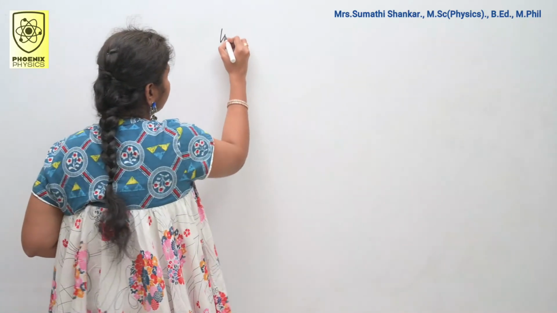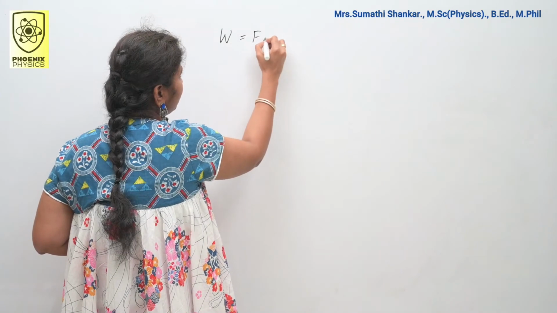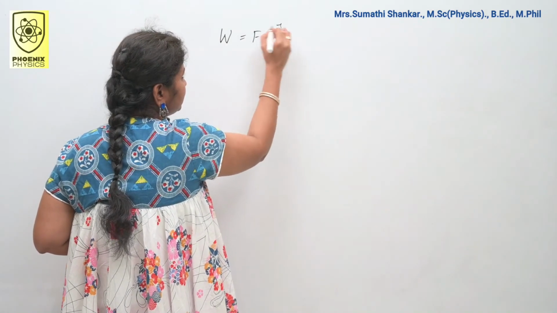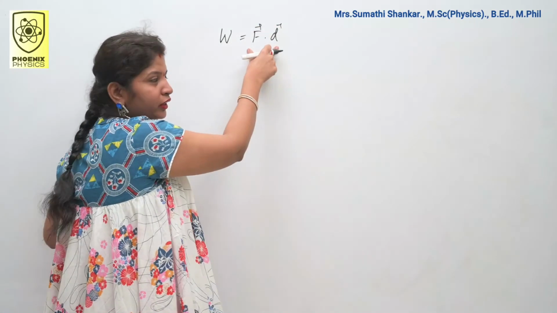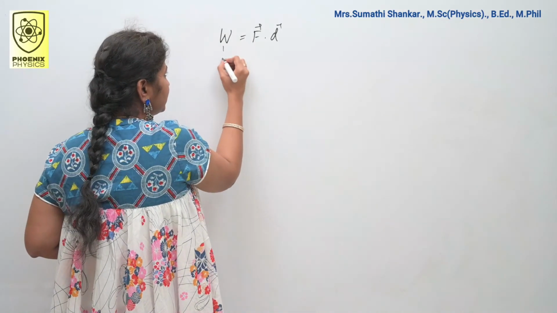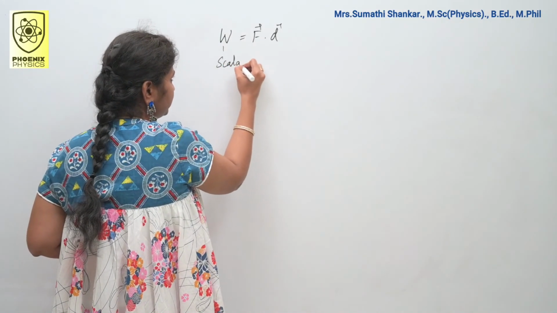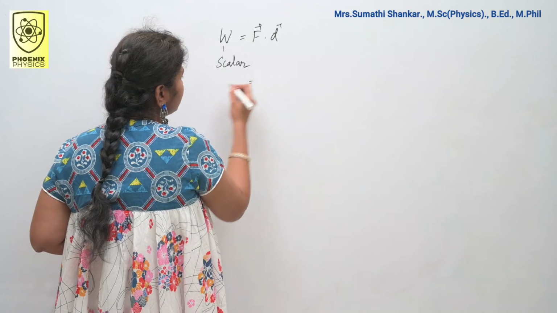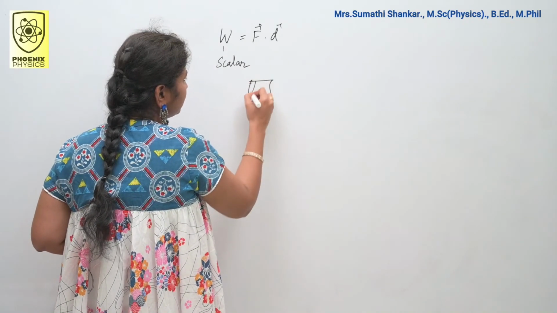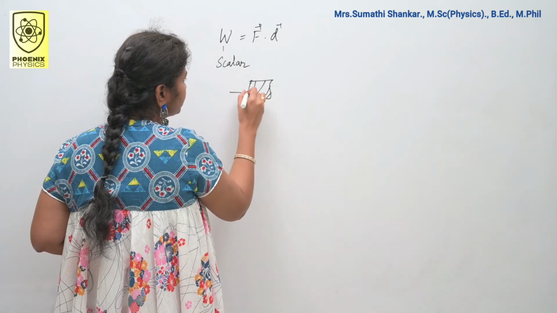What is the formula for work done? W is equal to F dot d. These two are vector quantities and work done is nothing but a scalar quantity. Suppose this is my wooden block. I am applying a force.